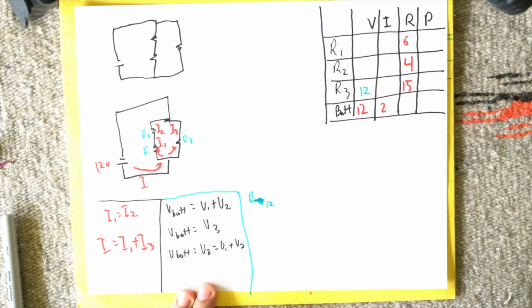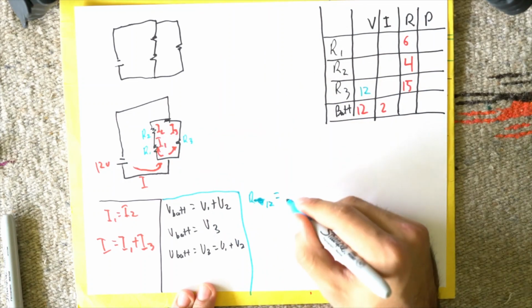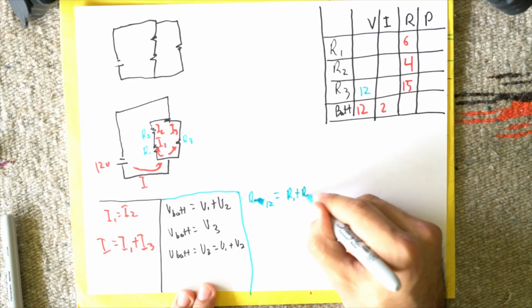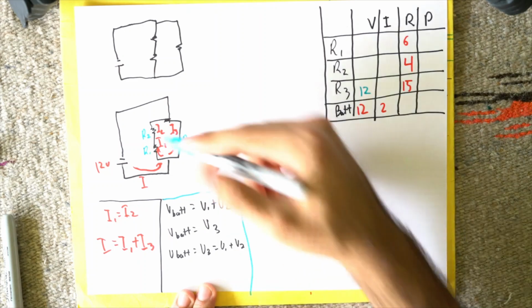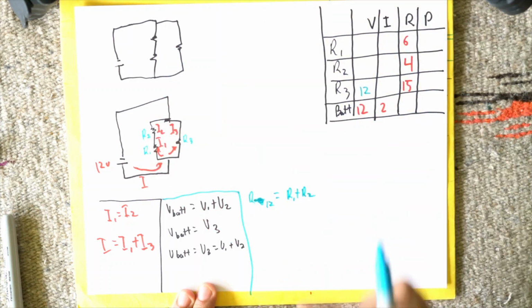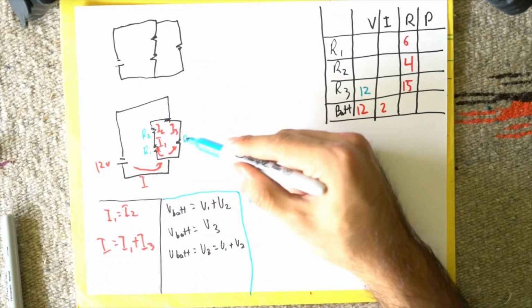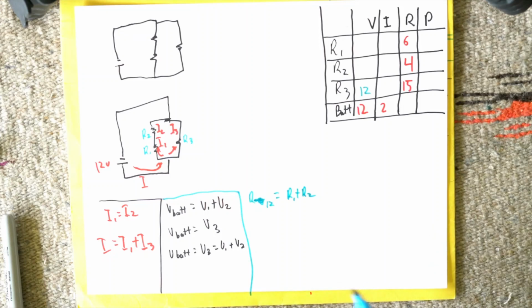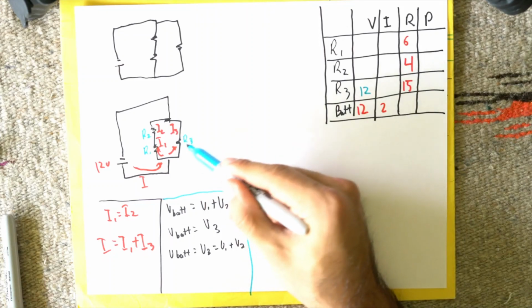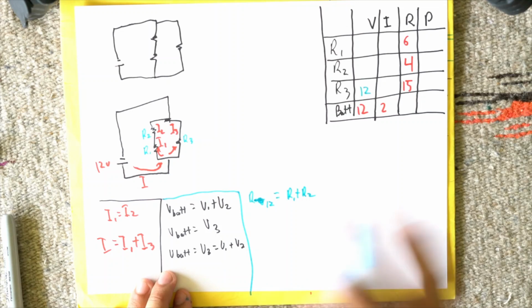Since both of these are in series, I can just say that's going to be R1 plus R2. So I can combine these two into one first, and then combine it with this later. Think of it like an order of operations: this can't go into that parentheses because it's not there yet. I have to do the parentheses first.